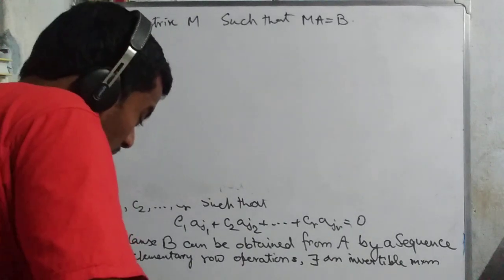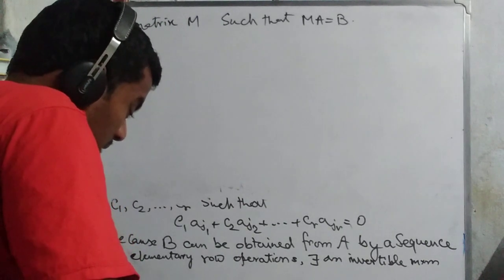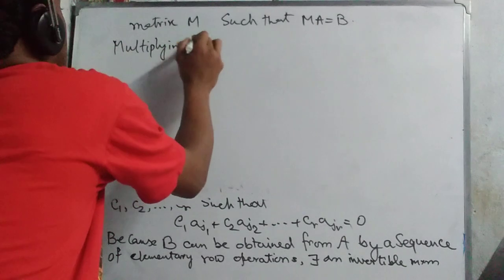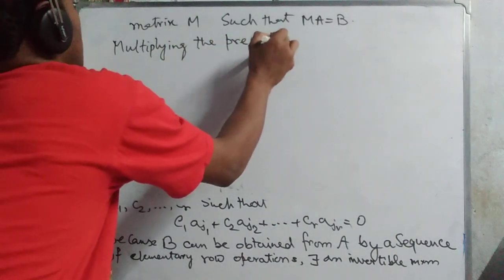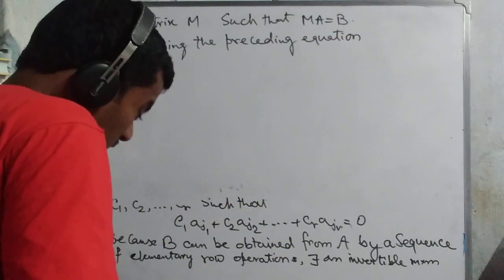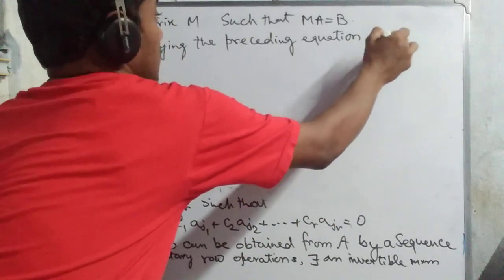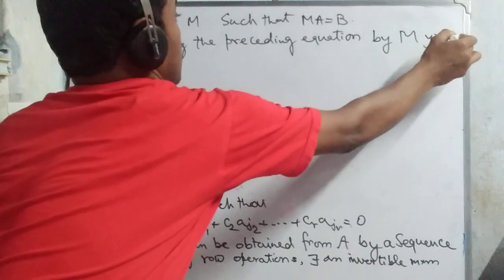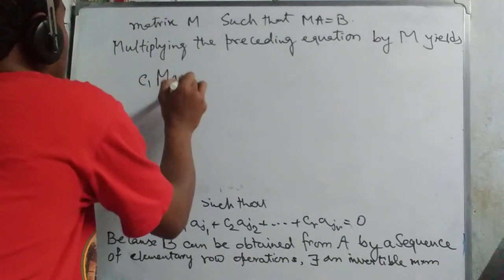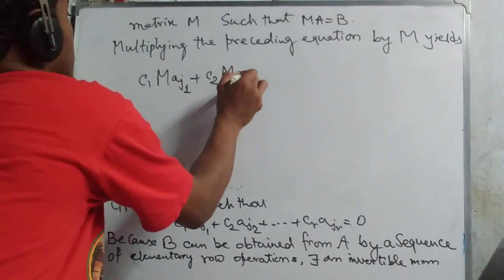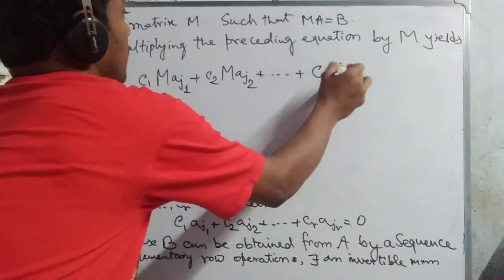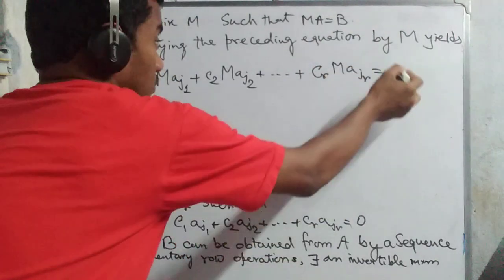Understood? Then multiplying the preceding equation by M yields c1 M a_{j1} + c2 M a_{j2} + ... + cr M a_{jr} equals 0.